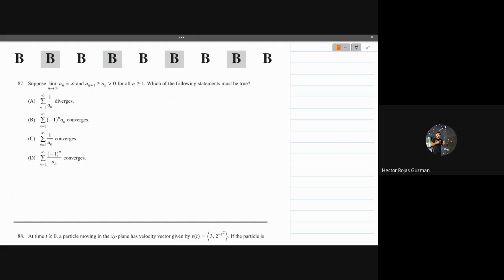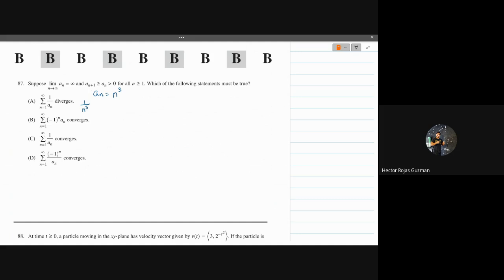Okay. Well, the first series, 1 over a of n. There's a lot of things that can give us infinity. So I'm going to give you one example. Let's pretend a of n equals, I don't know, n to the power of 3. So when you're dealing with this series, you're going to get 1 over n to the power of 3.